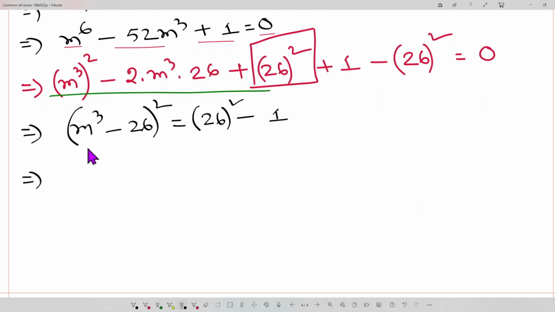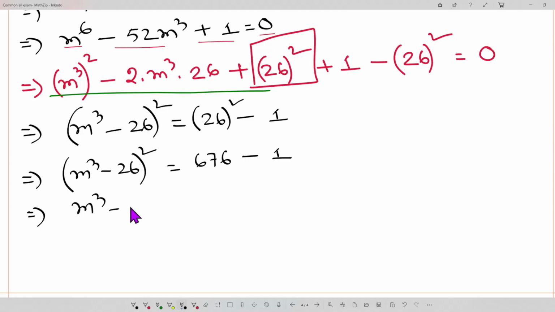Next, m cube minus 26 whole square, and 26 square will be 676, you can use a calculator, minus 1, then m cube minus 26 whole square equals 675.